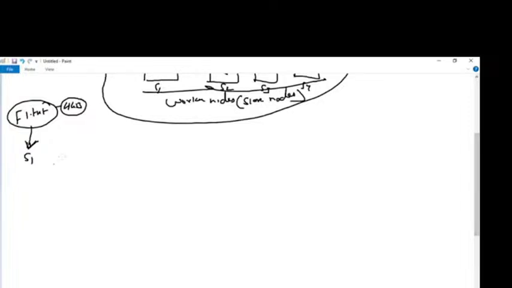So generally, a file is divided into blocks. By default, the block size is 128 MB. It is divided into 128 MB blocks.